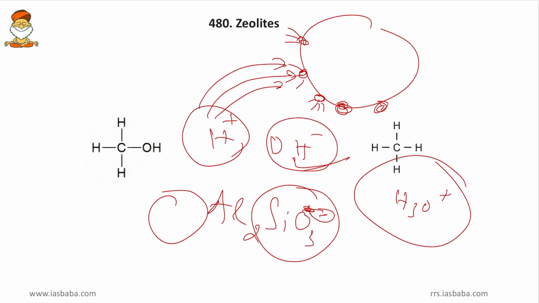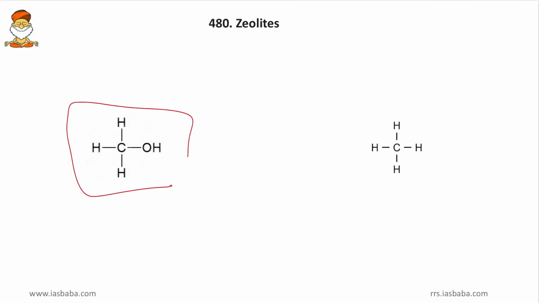Now we will introduce the alcohol here. So alcohol, we know that this is the structural formula of alcohol and it will be having one hydroxyl ion. And friends, we know that this carbon compound will be more stable if it has a hydrogen here instead of this hydroxyl ion. So this has more tendency to have a hydrogen and become a methane rather than being an alcohol.